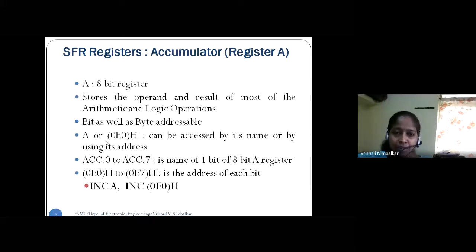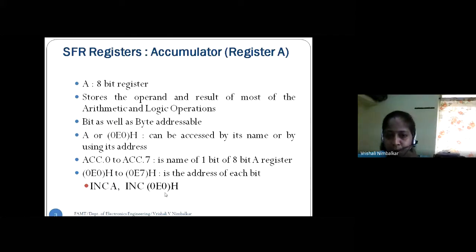What is the address of accumulator? E0 hex. Right? So either you refer to it by the name or by an address. So see below, I have given an example, INC A. What is it? It's an instruction, increment accumulator. So either you write the letter A, referring accumulator, or you refer by its address, INC 0E0 hex.